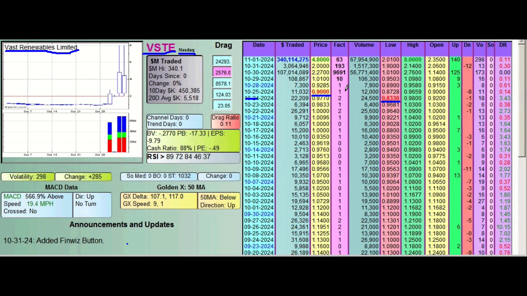And then 2 days later we had a 10 factor, okay, which is pretty significant. So your entry here is right around $1, okay. And then she opened the next day after this 10 factor at $1.14, so you could have got in there as well. Here's your intraday low.